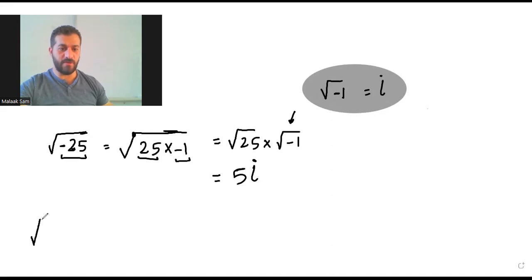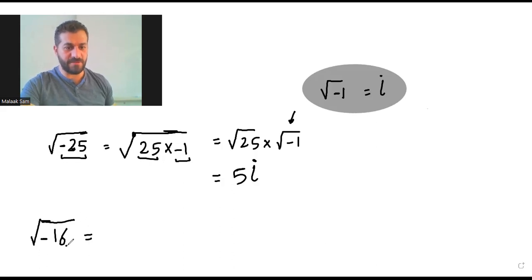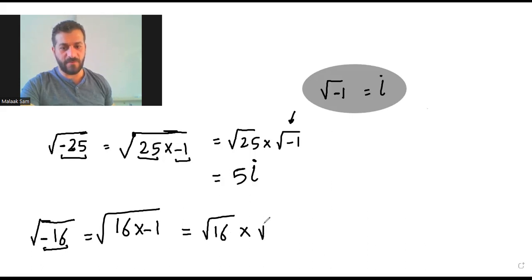What if I ask you about the square root of negative 16? There are no two numbers which are the same that, when multiplied, give negative 16. But we can write negative 16 as 16 times negative 1. Because if I have two numbers under the square root, we can write each number under its own square root.